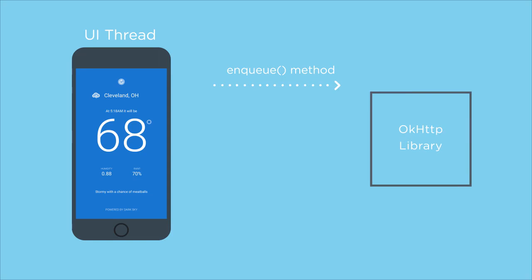This callback is an object defined by the OkHttp library. OkHttp then says, okay, as long as you give me a correct callback object, I'll use it. When the call finishes in the background, the onResponse method of this callback object is called. Then, the code we write inside it will be executed.